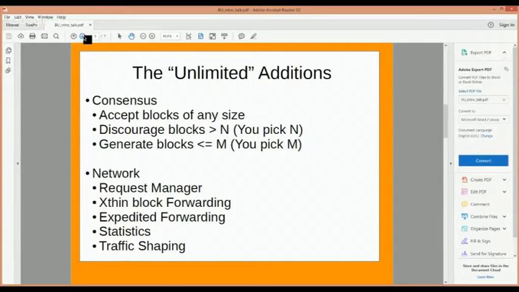So by default, the client is compatible with the current Bitcoin network. Yet, if for some reason 51% of the miners chose to produce blocks greater than 1 megabyte, then all of the Bitcoin Unlimited clients would seamlessly use those blocks. You wouldn't have to upgrade your software.